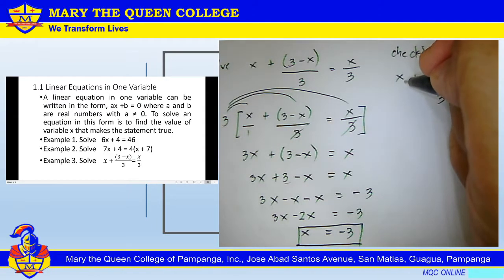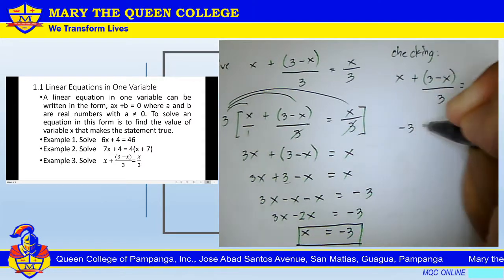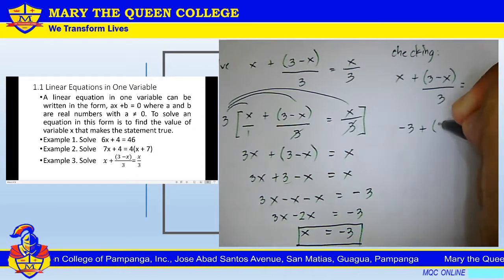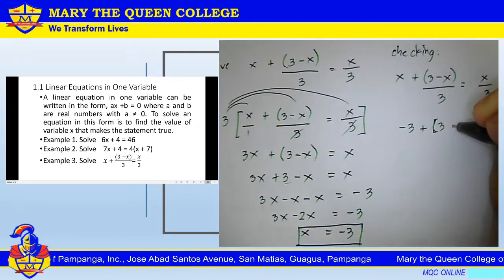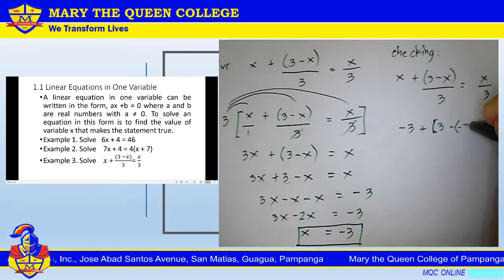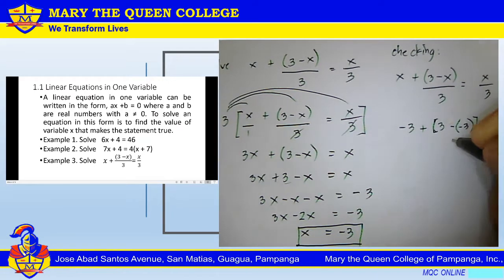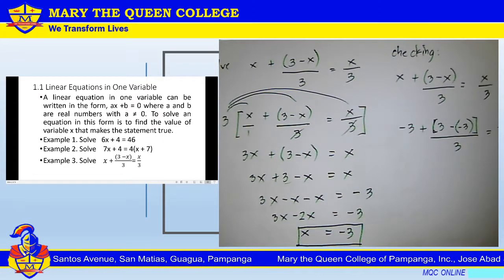So substituting or replacing x by negative 3, you will get negative 3 plus the quantity 3, we'll be using a bracket here, 3 minus the quantity negative 3, parentheses, all over 3 is equal to negative 3 over 3.